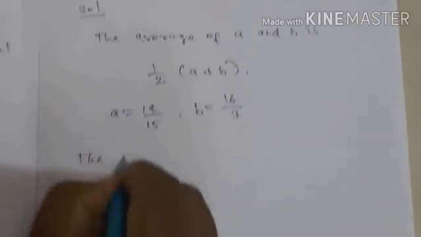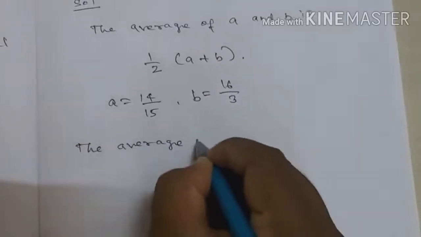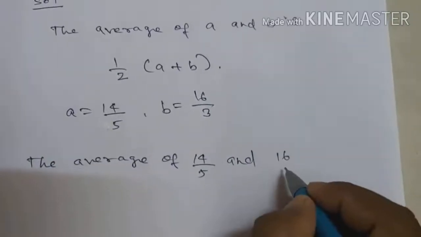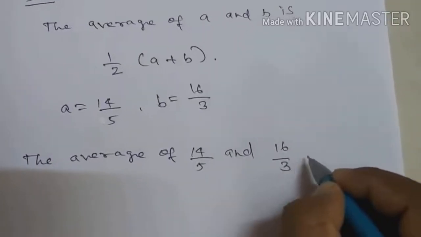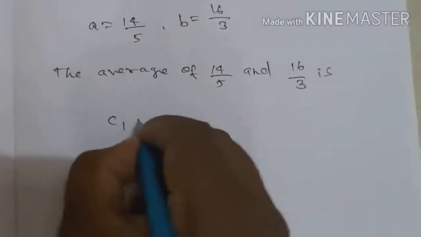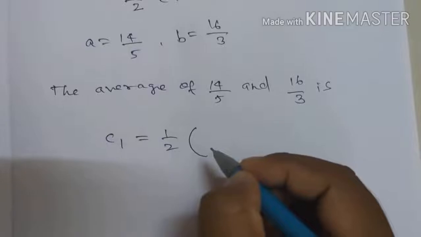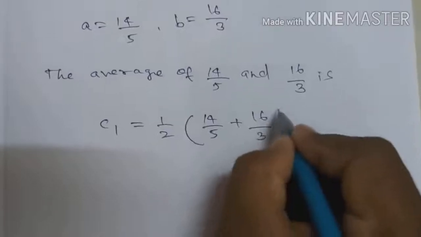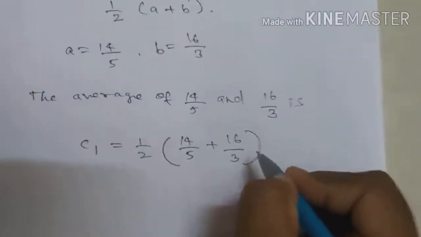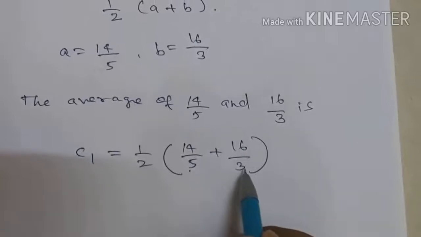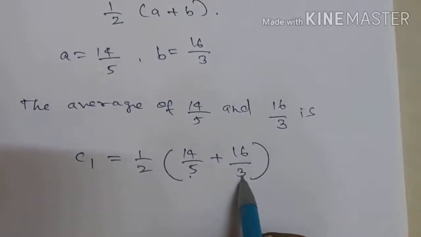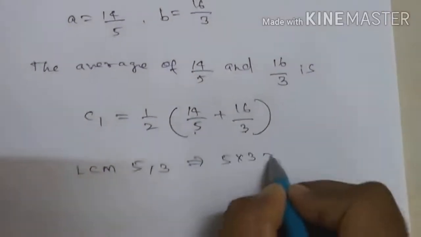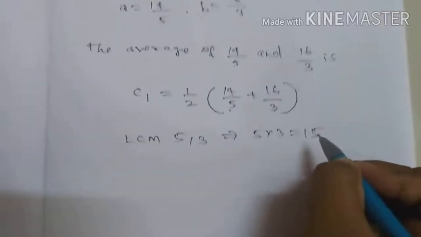The average of 14/5 and 16/3 is C1 equals 1/2 bracket 14/5 plus 16/3. The denominators 5 and 3 are different, so take the LCM: 5 multiplied by 3 equals 15.